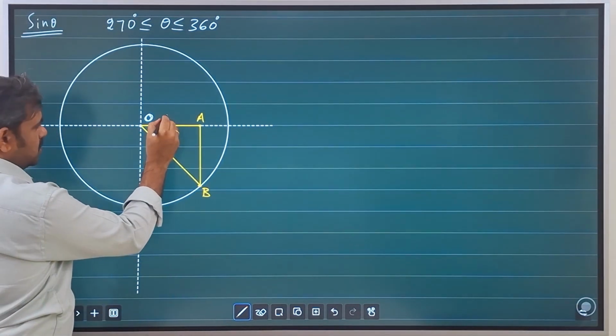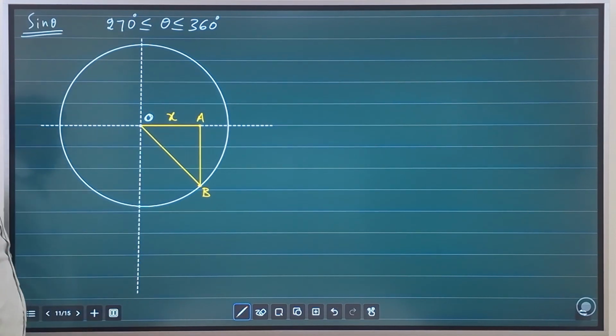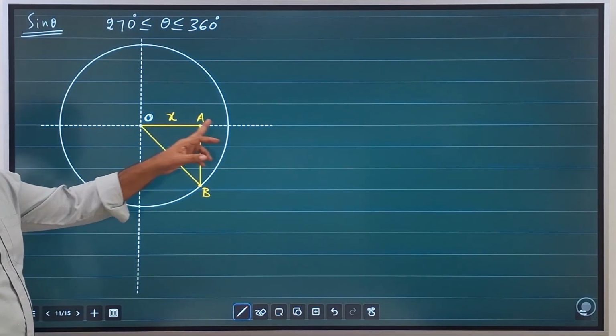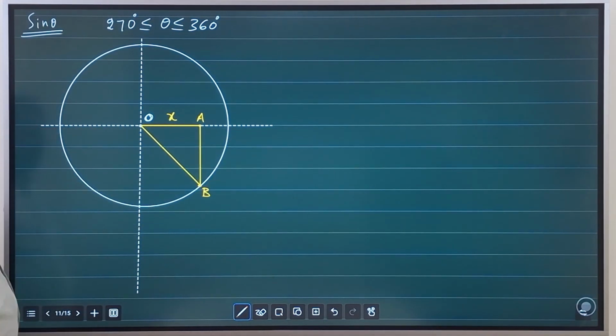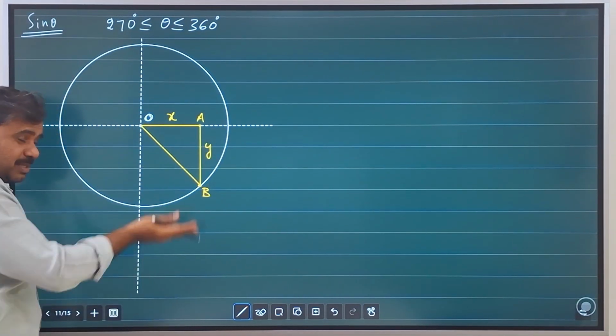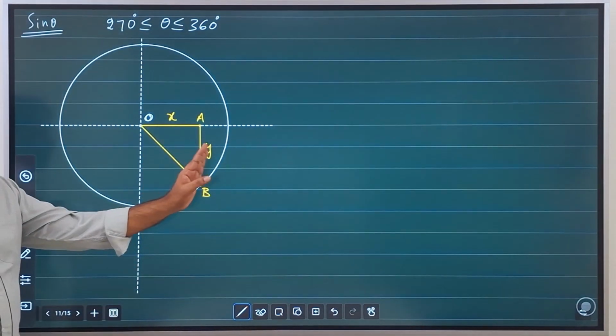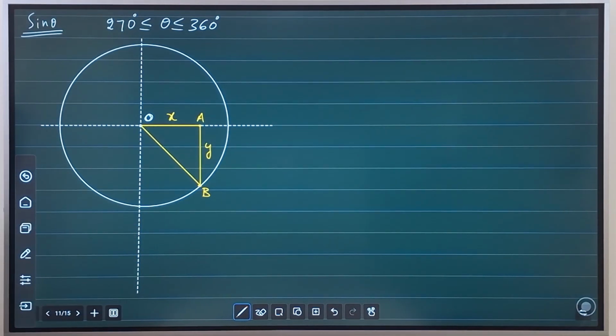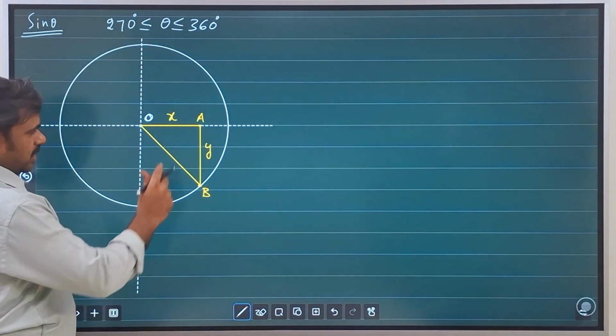Here the side OA is on the positive side of x-axis. The side AB is below x-axis. It means on the negative side of y-axis. Y is on the negative side of y-axis, AB.